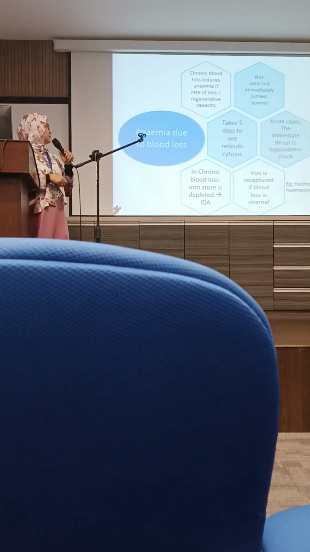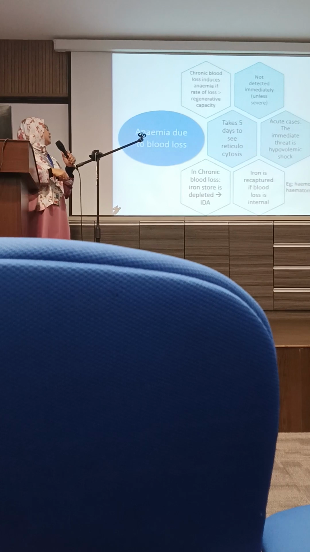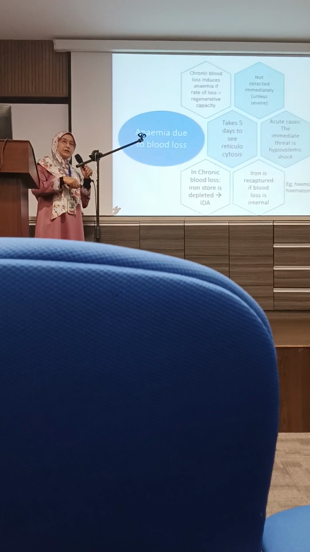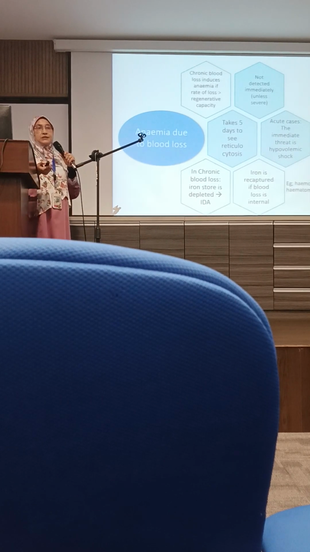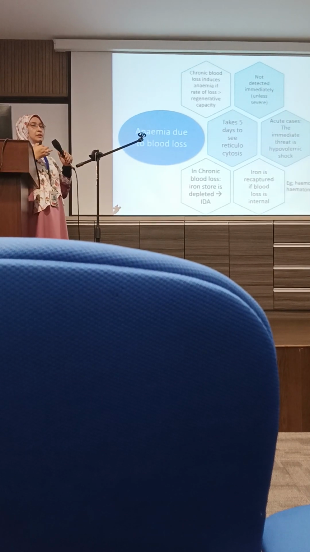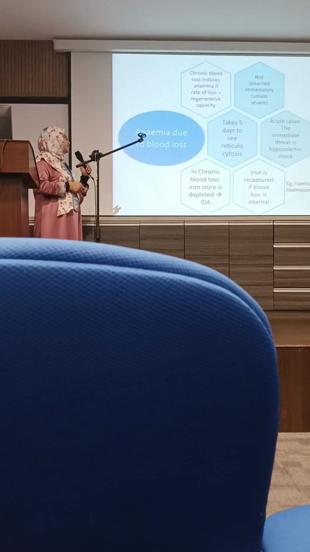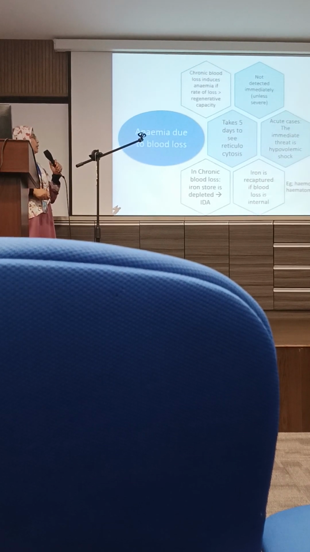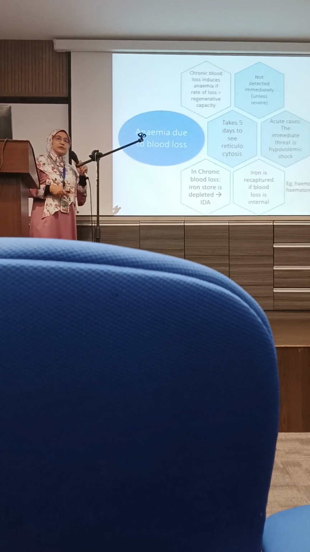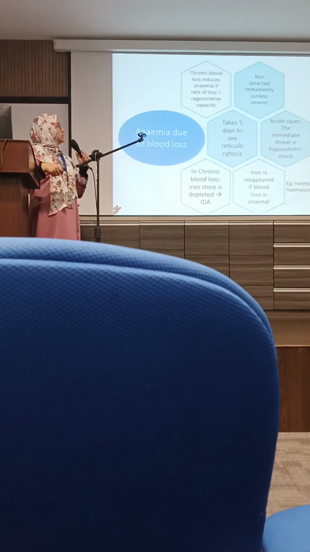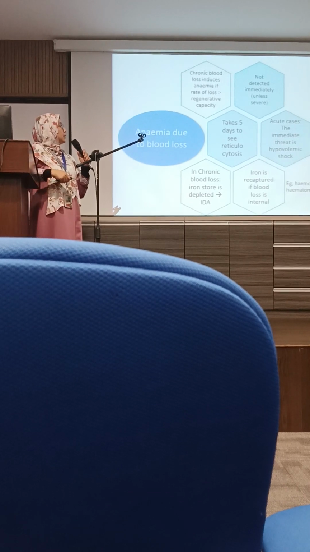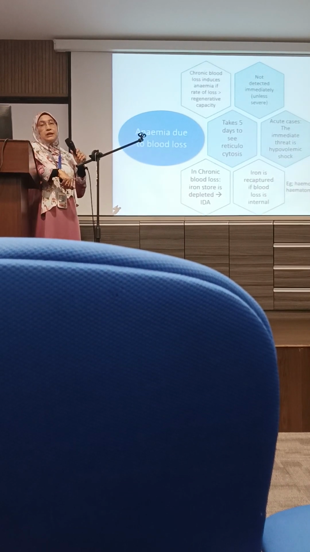Okay. So in chronic blood loss, we will have iron store depletion, and the patient will have iron deficiency anemia. Like the case earlier, the infestation, where the blood was lost together with the iron. If you have blood loss internally, for example a big hematoma, which is internal bleeding, your body will recapture the iron.